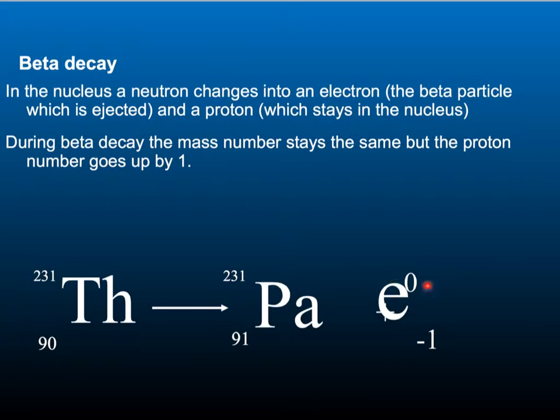So its mass number is 0. So 231 add 0 is 231, so the top balances fine. But here we've got 90 and 91. So the only way to make this side add up to 90 again is to add -1. So with beta decay, remember that your proton number needs to balance with the -1.